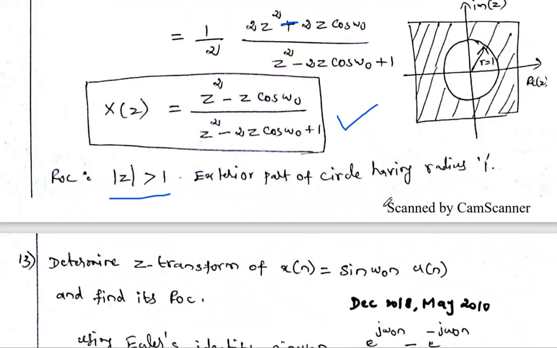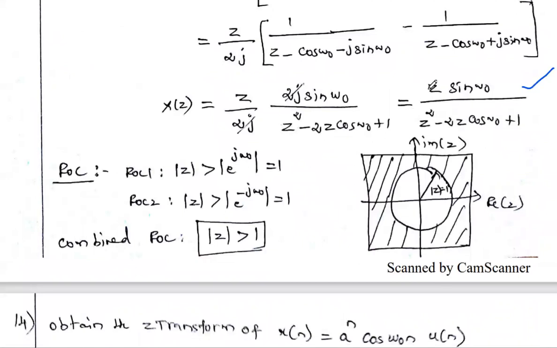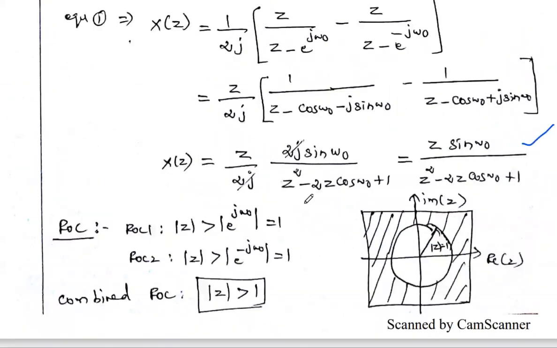The denominator is the same as that of the previous problem. The denominator of the cos omega naught n problem and the sin omega naught n problem remains the same, but the numerator differs. For cos omega naught n, the numerator is Z squared minus Z cos omega naught. For sin omega naught n, it is Z sin omega naught. So the numerator is different, the denominator is the same, and the ROC also remains the same. So this is the sin omega naught n problem.